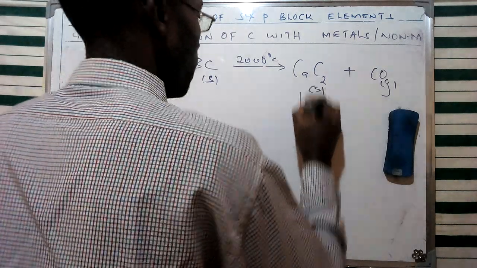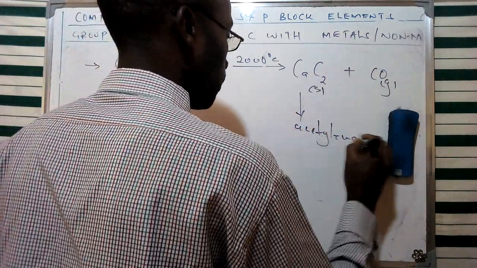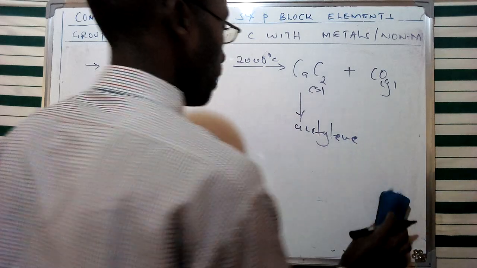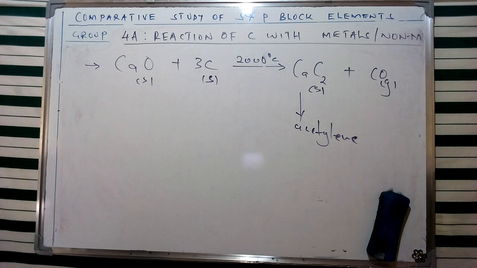So this is going to be a raw material for manufacture of acetylene, which is one of the hydrocarbon products which we're going to come across being used in our various industries. Suppose I give this one as an example.